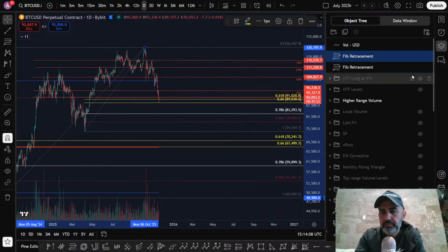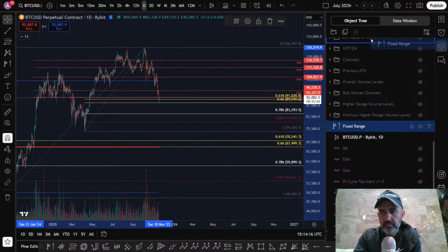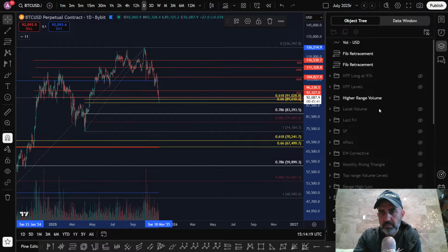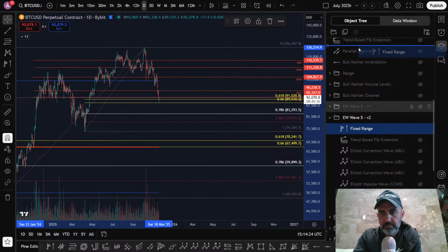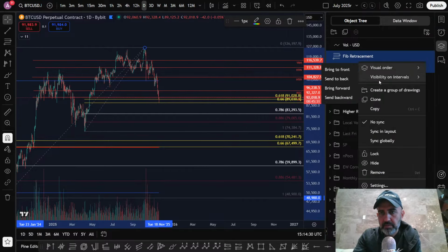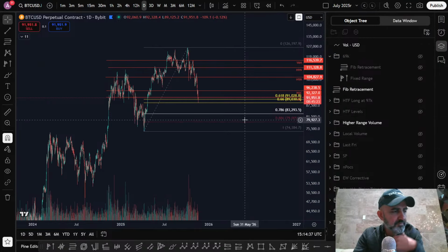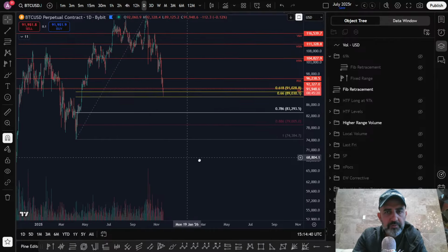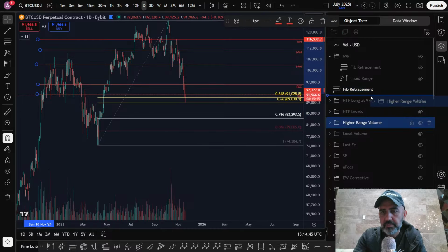Interesting. Just trying to organize this. $69k. Let's hide that now. Right, let's just focus on the local volume for a second. Got the fibs, got the volume. Okay.